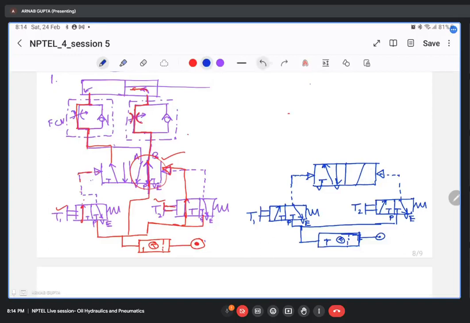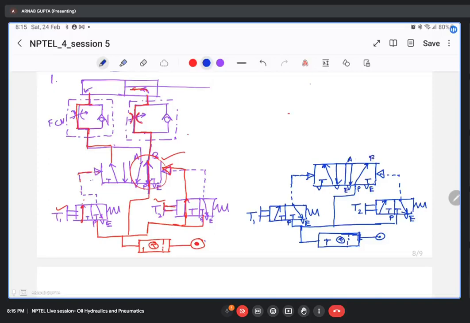This is also pressure port, exhaust, exhaust.